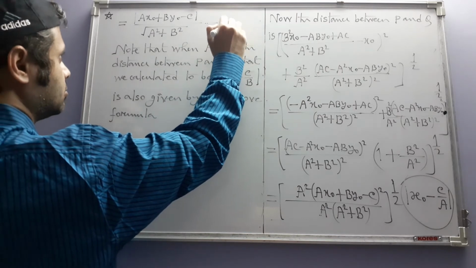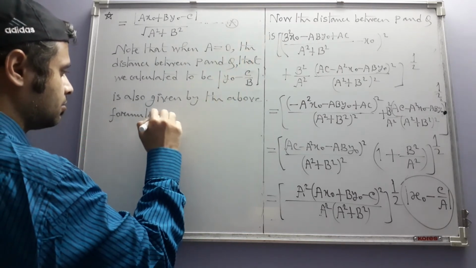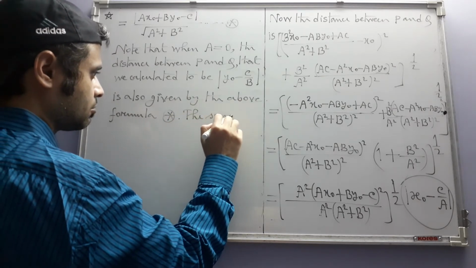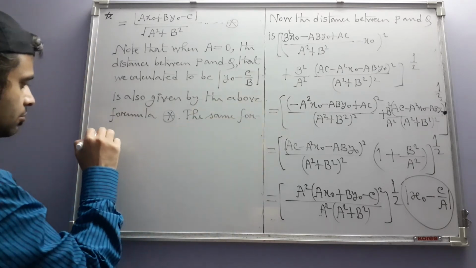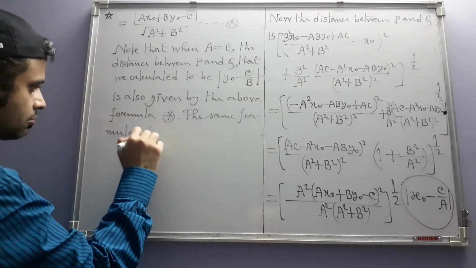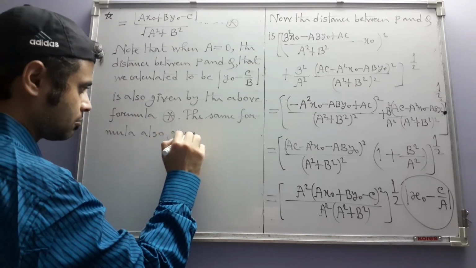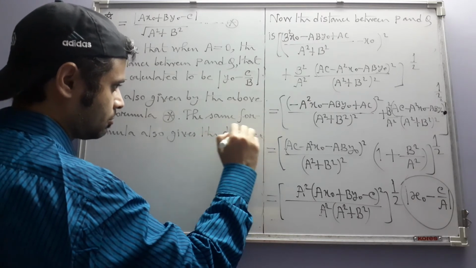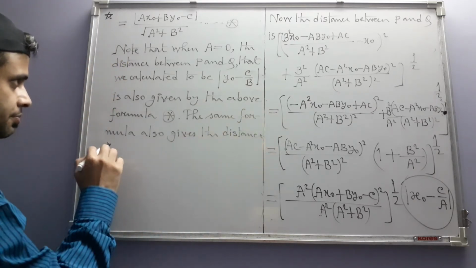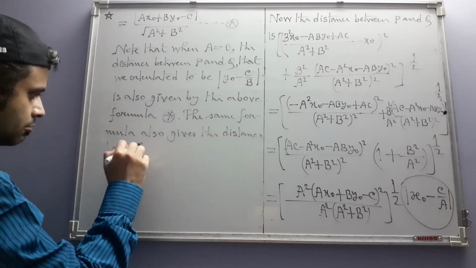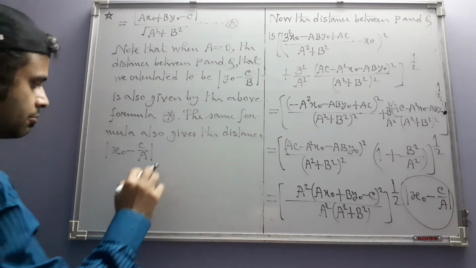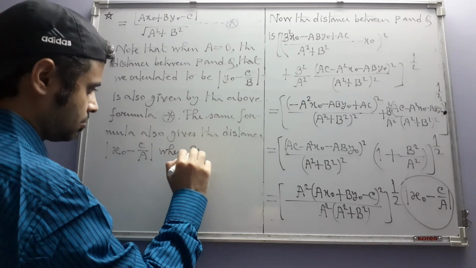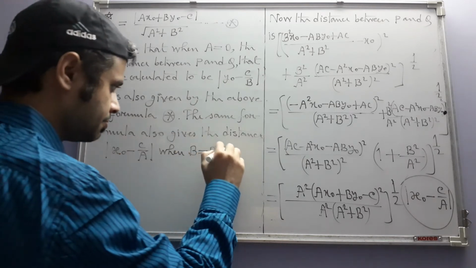If you want, you can give it some sort of number. It also gives the distance when b is equal to 0.